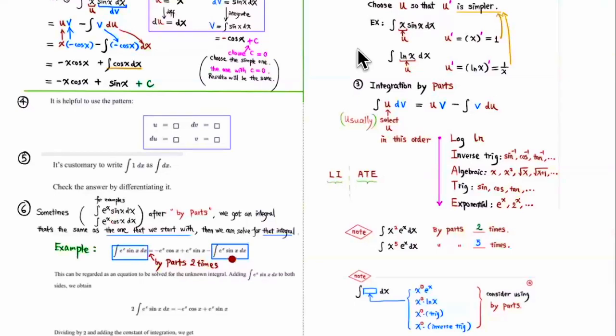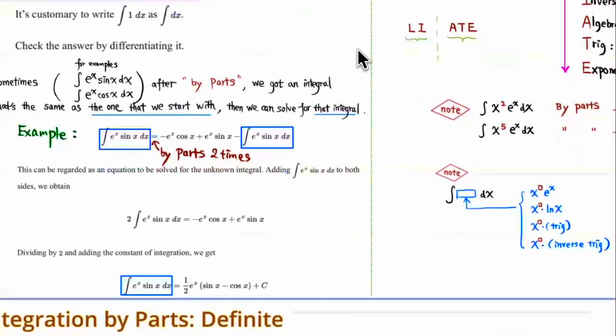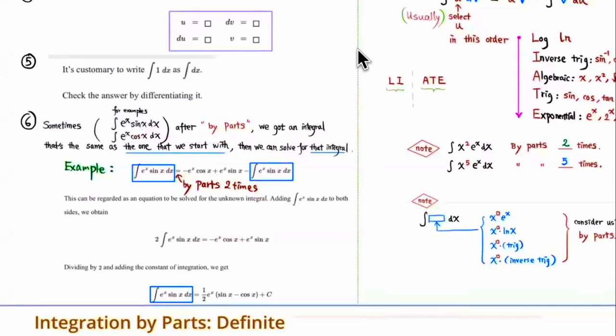After that, you get back to the same integral that you started with. Then you can regard that integral as a variable and solve for it. So you get 2 of this equal to that, and then you can solve for it by dividing by 2. So that's a remark that you might want to sit down and take a look at.